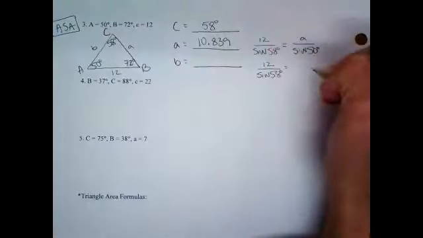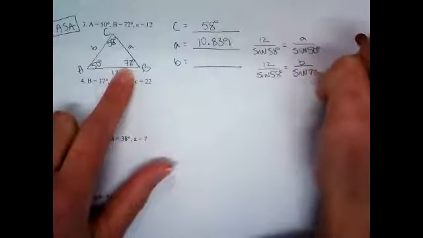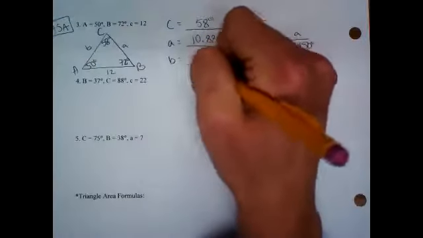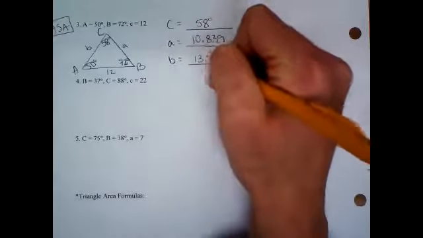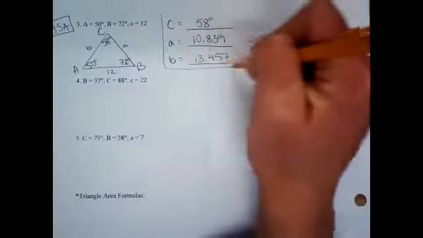This time it's going to say B over sine of 72. So go ahead and cross multiply and divide there. I got 13.457. Okay, thank you for confirmation because if I hit a button wrong, it's going to be wrong.